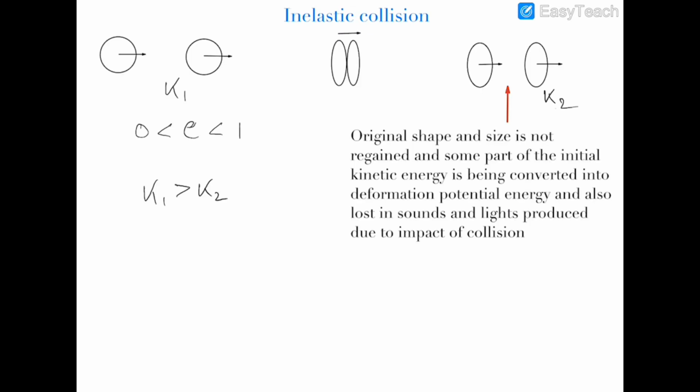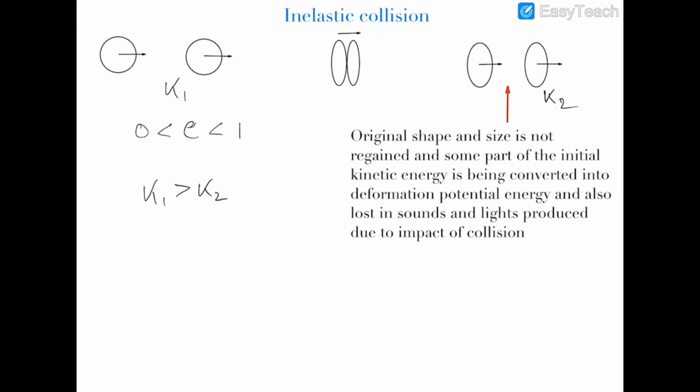Now let's move on to the inelastic collision. In this type of collision, the colliding bodies collide to maximum deformation, and finally they cannot regain their original shape and size, and they stay somewhat deformed forever.